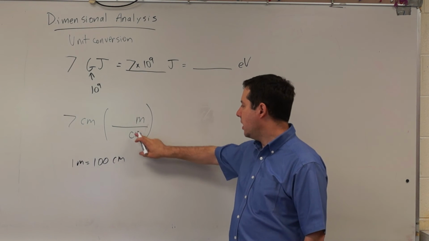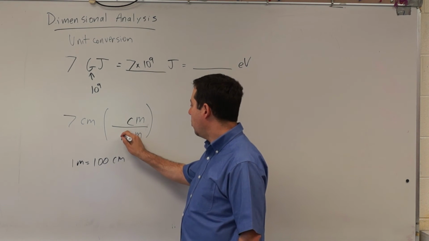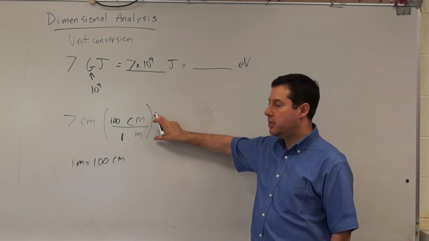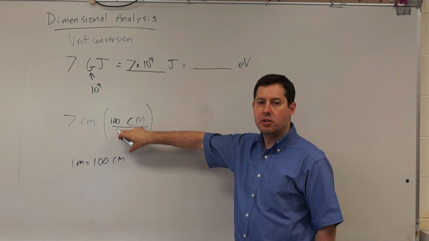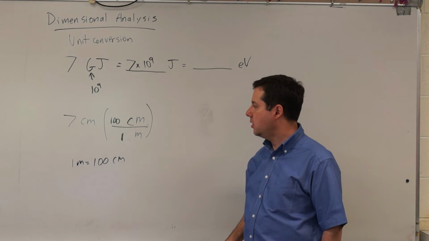But let's say, for example, you make a mistake and you put it like this: 1 meter equals 100 centimeters. This is correct. This right here is a fraction or a ratio where the top equals the bottom. 1 meter equals 100 centimeters.